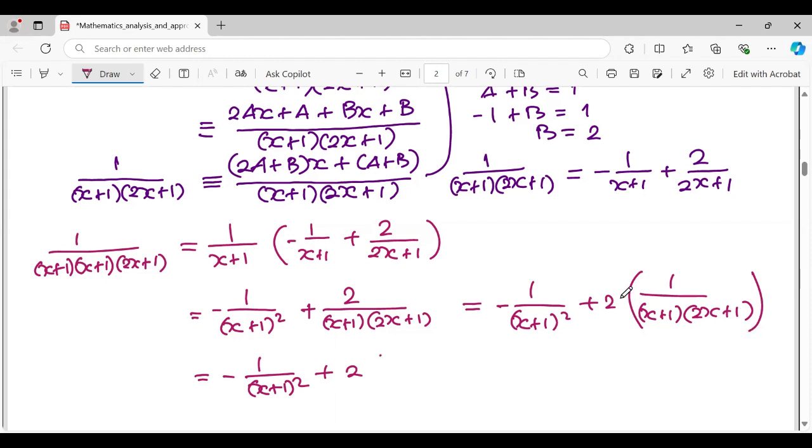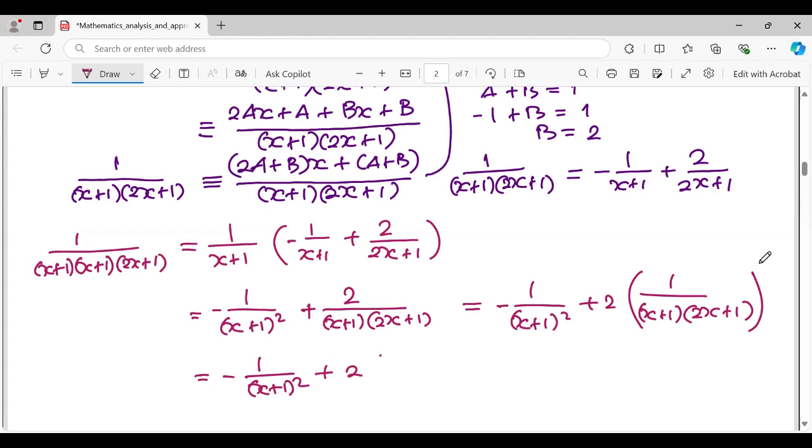And I will continue, it becomes minus 1 over x plus 1 squared plus 2 in brackets. This term equals, so now we already got 1 over x plus 1 times 2x plus 1, which is the same as this one. So we already expanded it just now here.